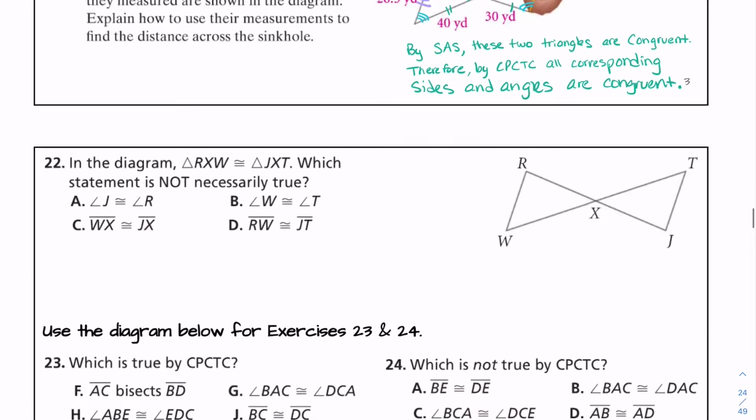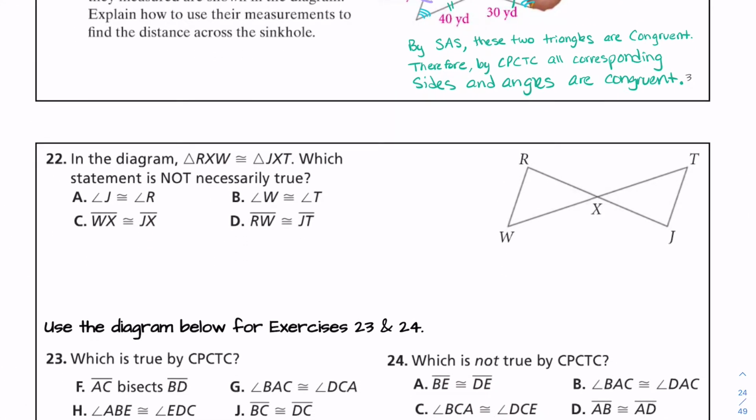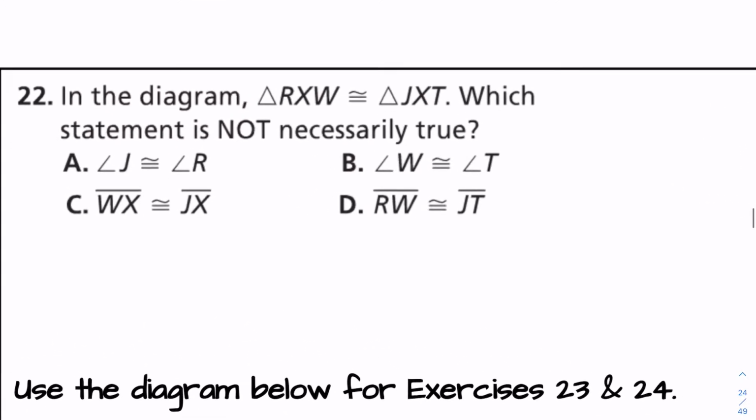All right. In the diagram, RXW is congruent to JXT. Which statement is not necessarily true? Well, let's see, angle J and R, that one's true. Those are true. W and T, those appear to be true because they're the last ones.